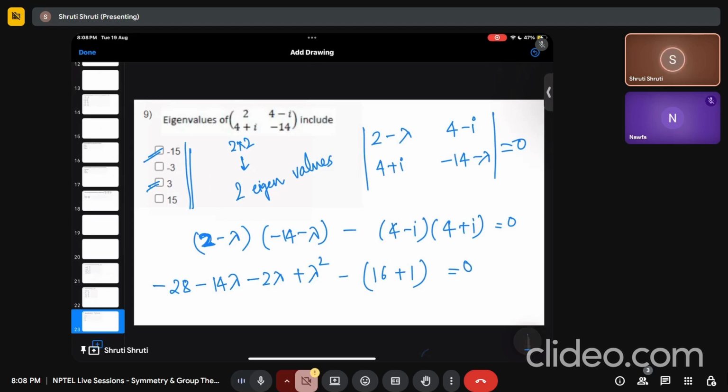Okay, if you solve it, this is plus 12 lambda, minus 28, minus 17, minus 45.